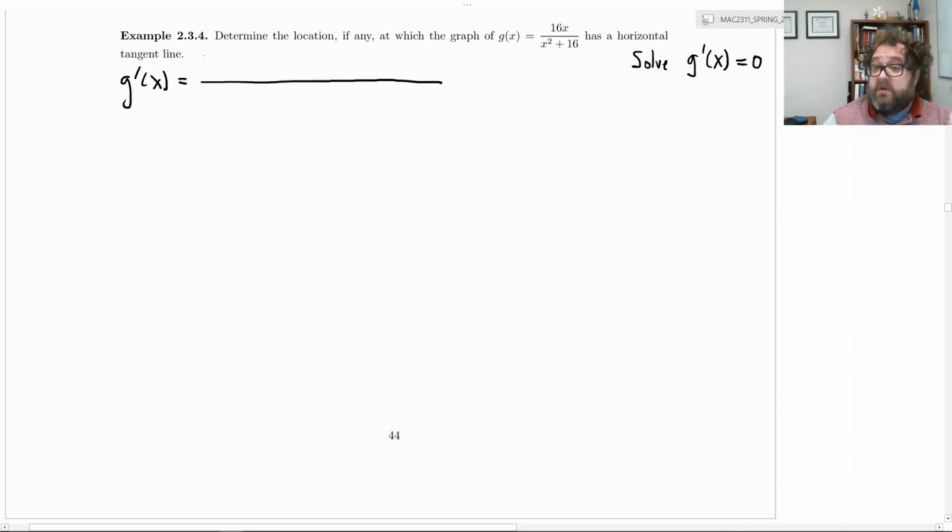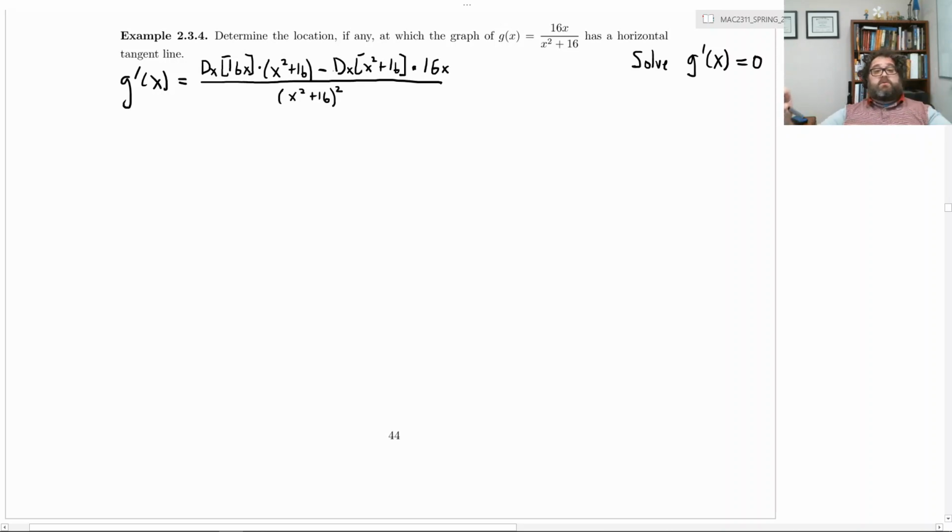So we do the derivative of the top function, which is 16x, times the bottom function, which is x squared plus 16, minus the derivative of the bottom function, which is x squared plus 16, times the plain top function, 16x, divided by the bottom function, x squared plus 16 squared.